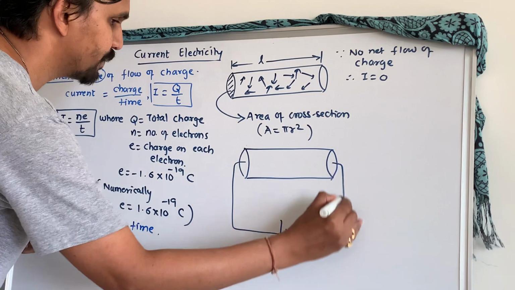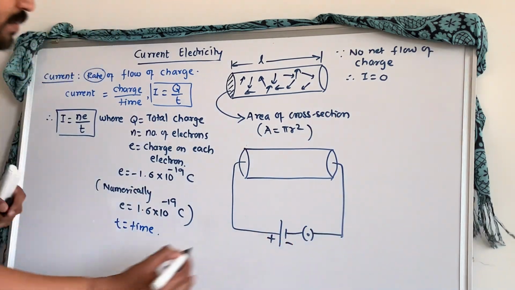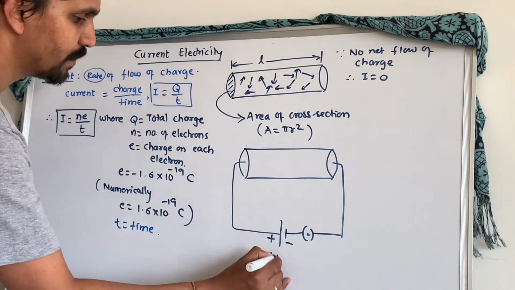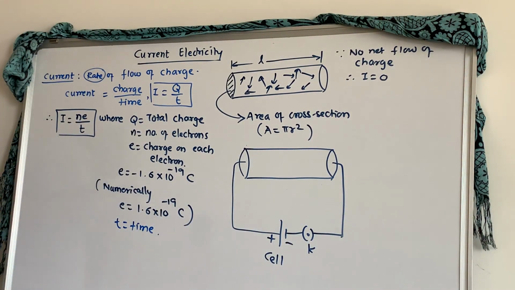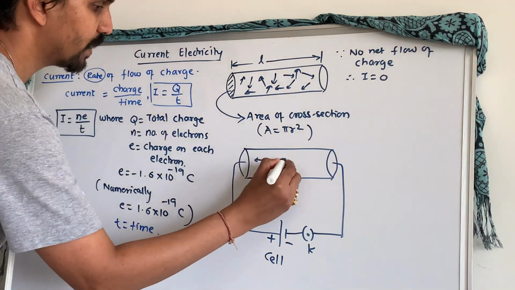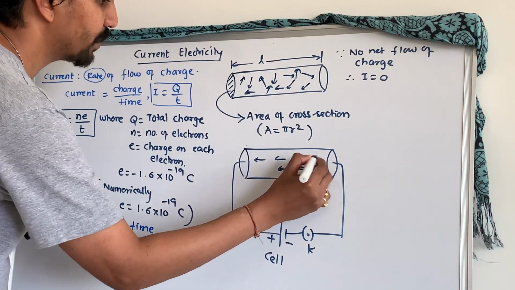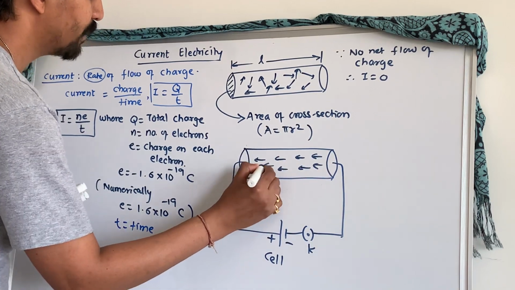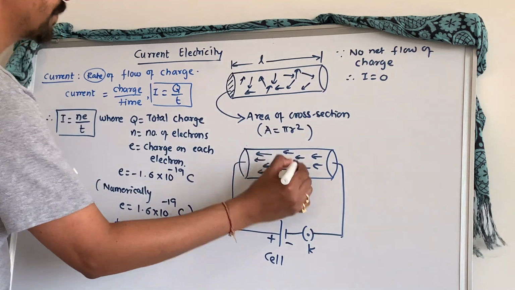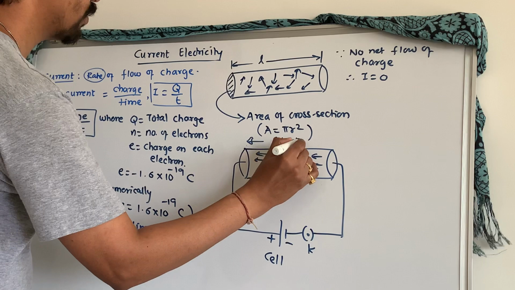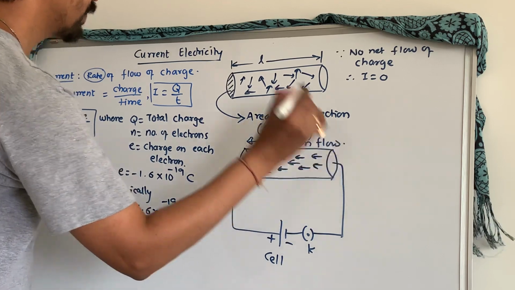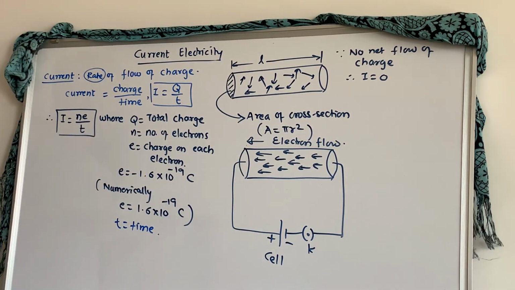Along with this key, this is plus minus, this is the positive terminal, this is a cell, this is a key. Now electrons being negatively charged are pulled towards the positive terminal. So the electrons which were randomly moving are now moving in one particular direction. This is the direction of electron flow, from the negative terminal of the battery towards positive.